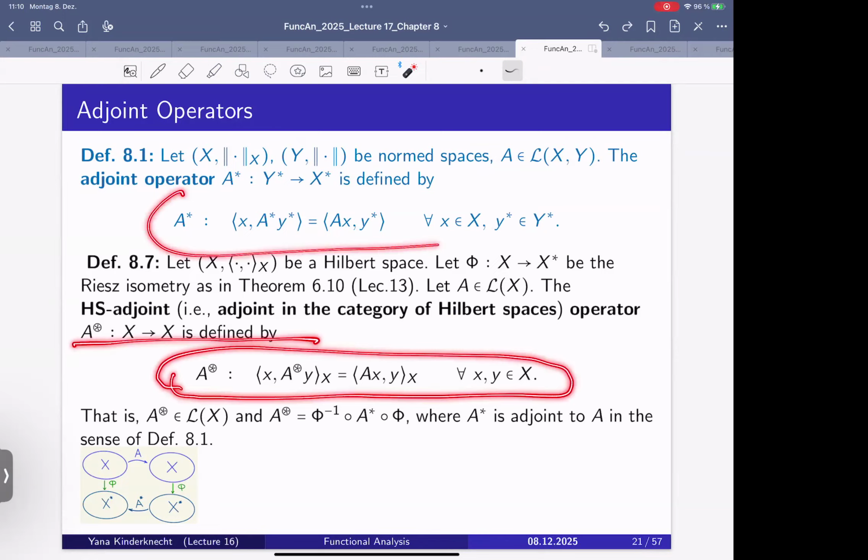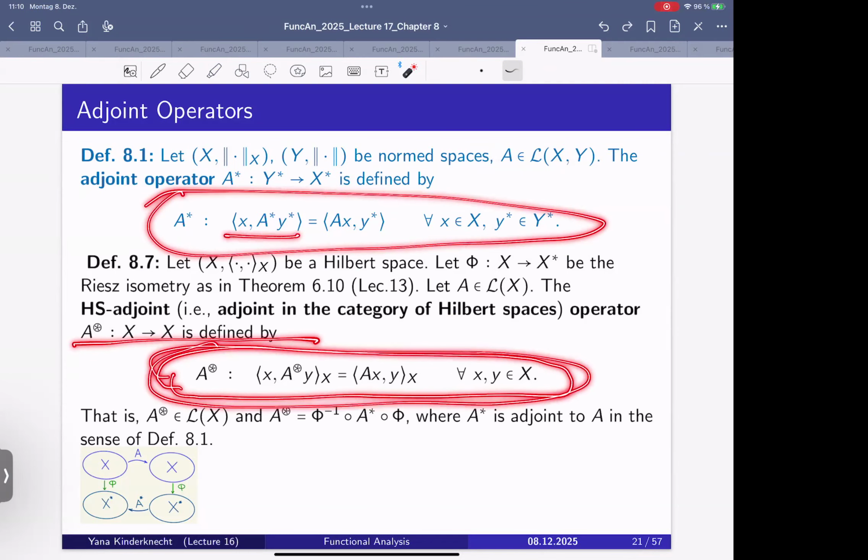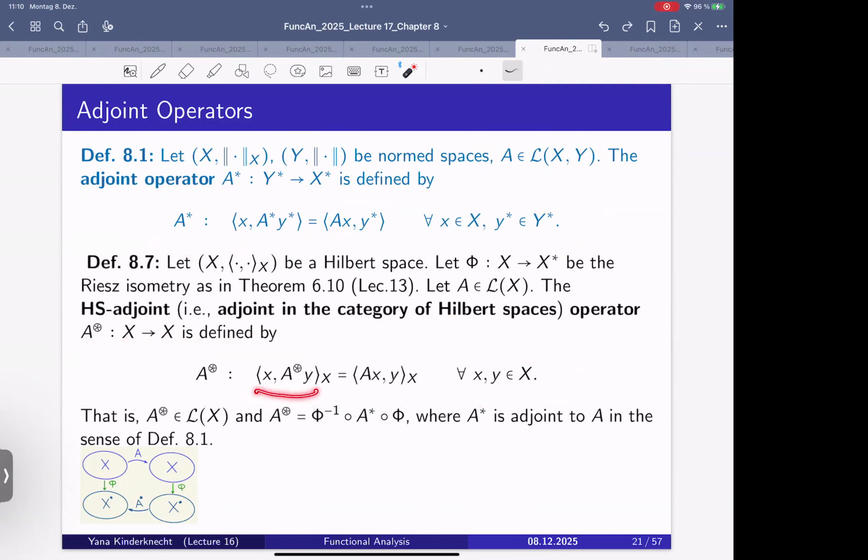If you compare, everything is totally the same, except that here I use duality and here I use scalar product. That is, this A star with a specific star is actually a bounded continuous operator on X, and it is defined as follows. I take the adjoint operator in the sense of definition 1 and compose it, in a proper way, with the Riesz isometry.